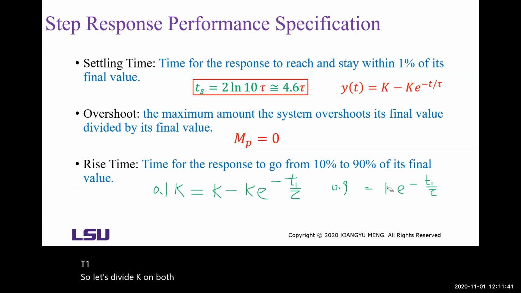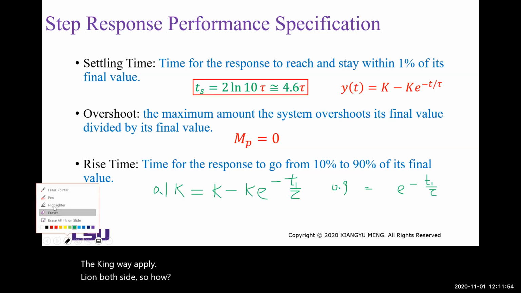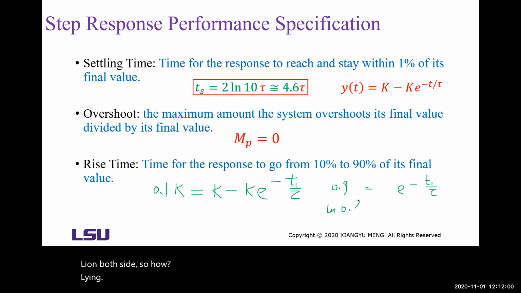The K is gone. Again, we apply log on both sides. So we have ln 0.9 equals minus T1 over tau.